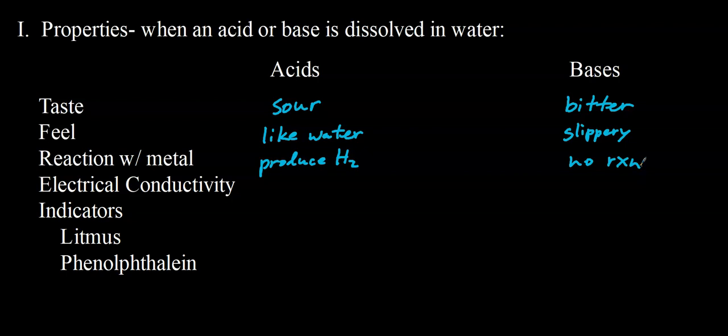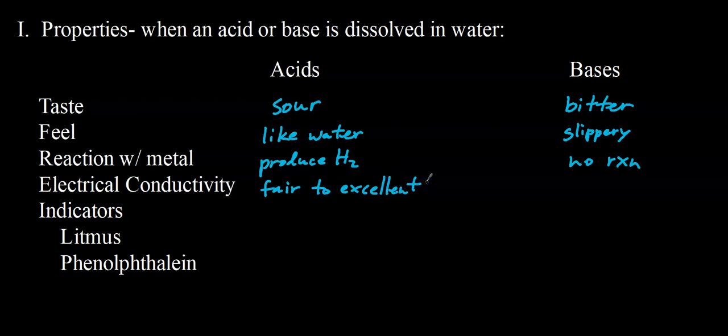All right, conductivity. In order for a solution to conduct electricity, we've seen this before, that solution needs to contain ions. So solutions of acids do contain ions, and we're going to say that some acids are fair conductors of electricity, and some are excellent conductors of electricity.